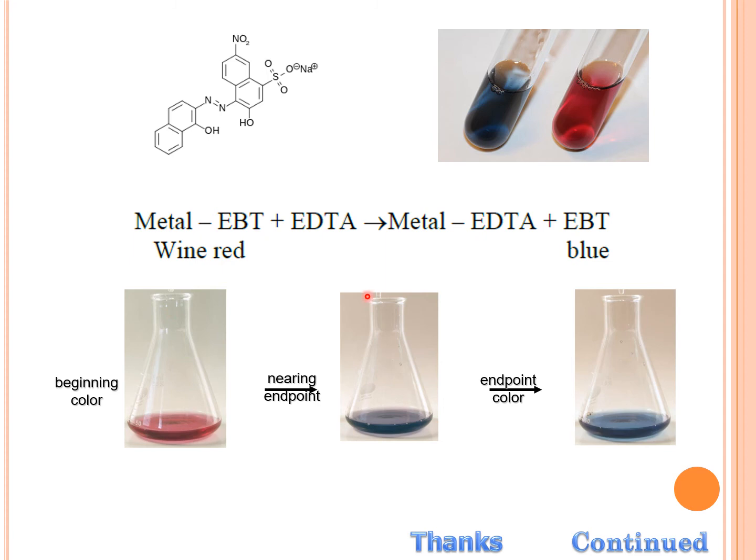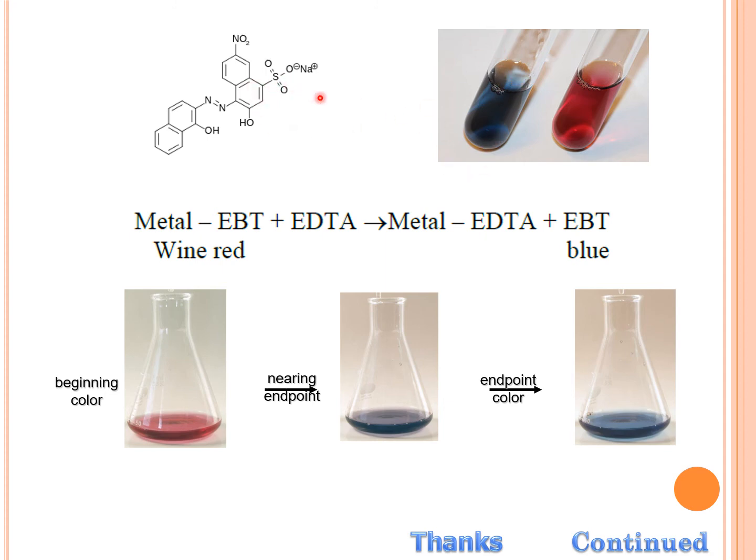The EBT solution we have to prepare in ethanol. EBT indicator is an azo dye, and here you can see this part will ionize, SO3Na, this will ionize. When this EBT is in unionized form, means when we dissolve this EBT in ethanol, it will be in unionized form and the color will be dark blue.